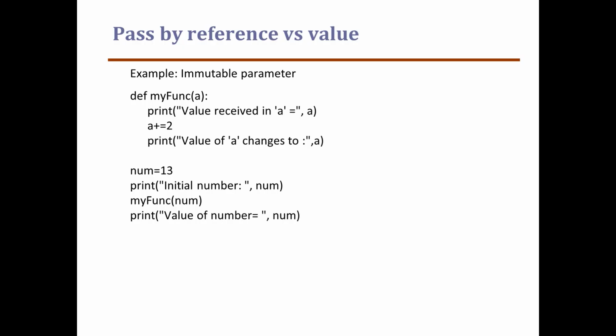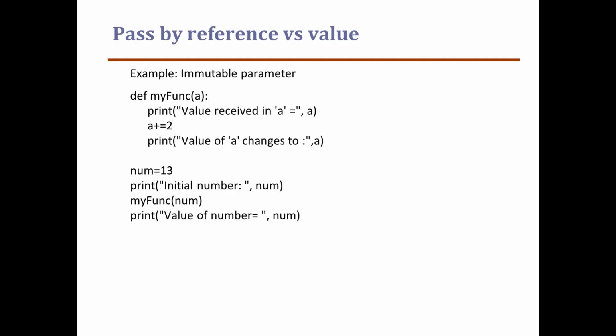The original value of num is equal to 13, and in the main program the initial num is printed, so 13 is going to be printed. Then there is a call to my function which receives the value 13. In the subfunction it is displayed, and after modification it is displayed once again.